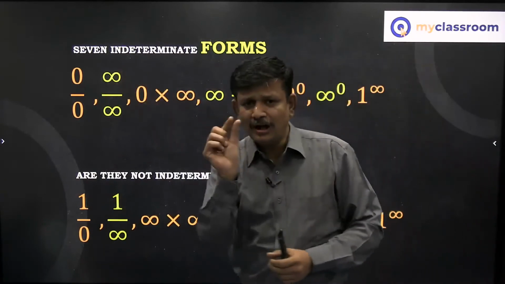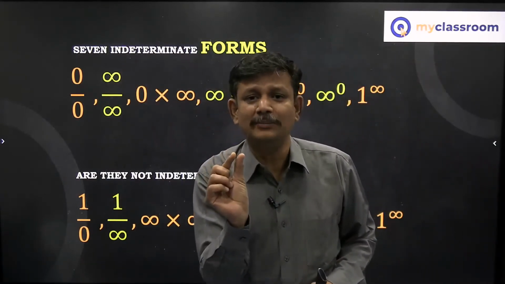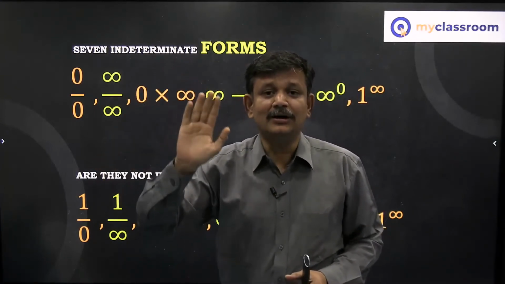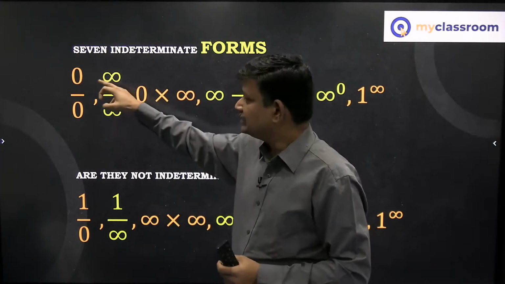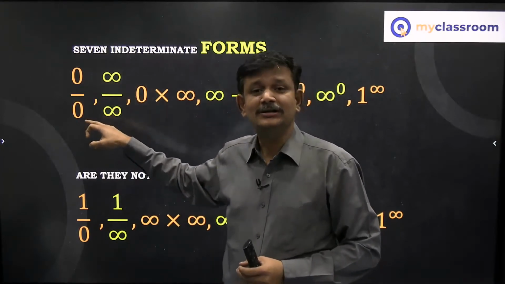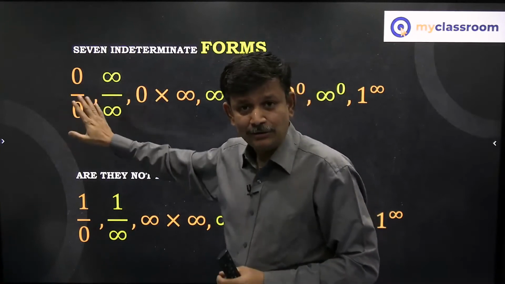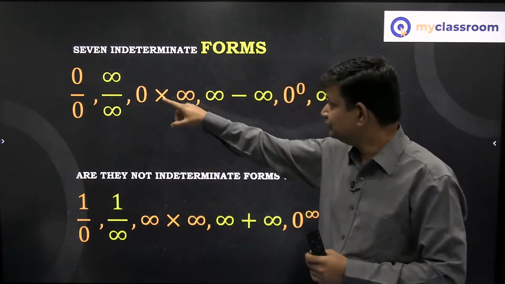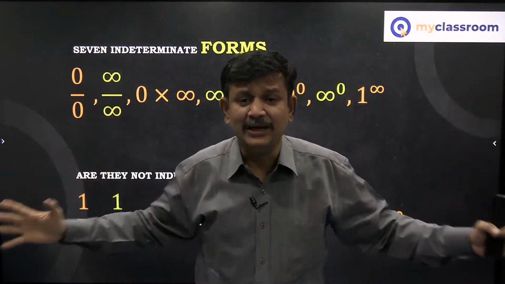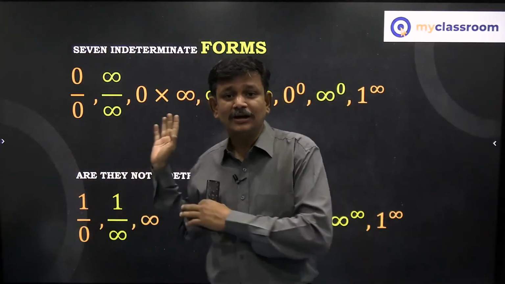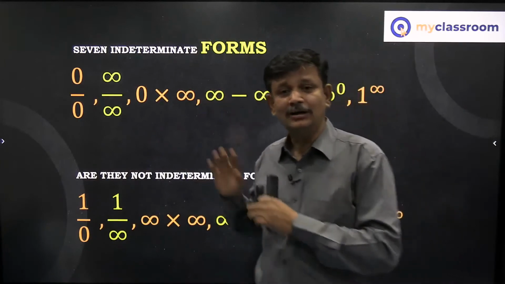Why? A small number divided by another small number, I cannot even say whether it is greater than 1 or less than 1 unless I know whether numerator is larger or denominator is larger, right? So unless you know what is f of x and what is g of x, you cannot draw any conclusion. Similarly, a large number divided by another large number, unless you know which one is larger, you cannot even say whether the number is less than 1 or greater than 1.